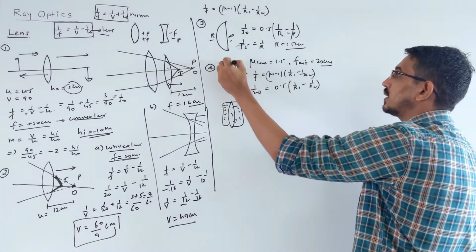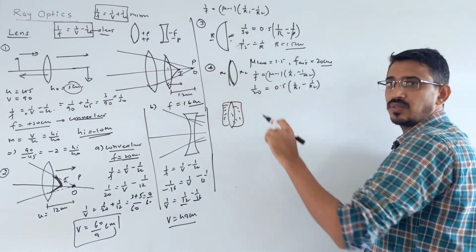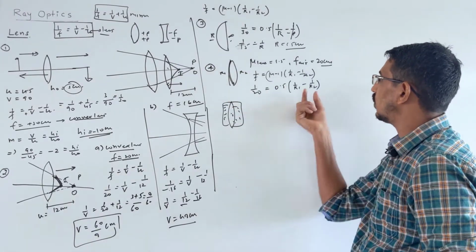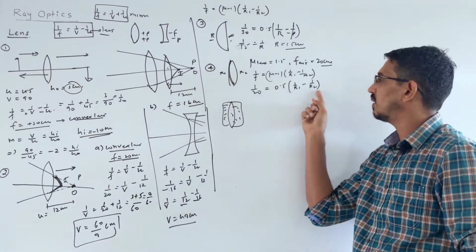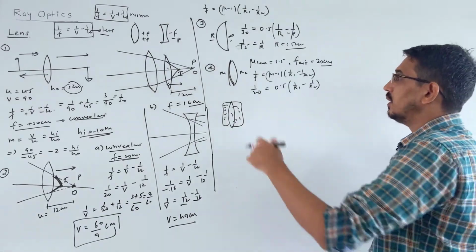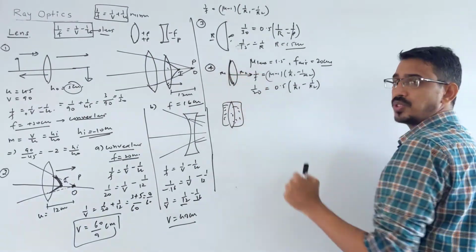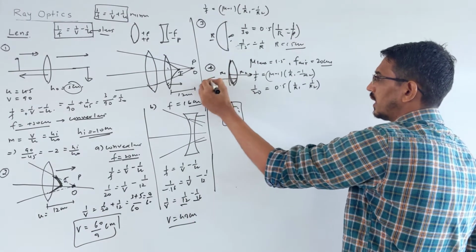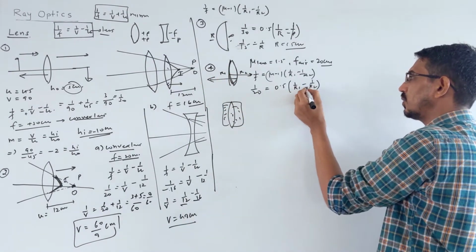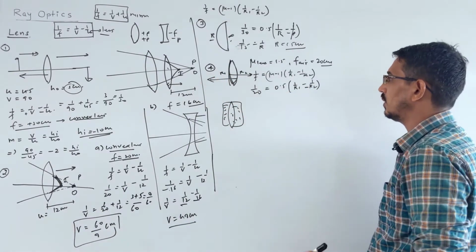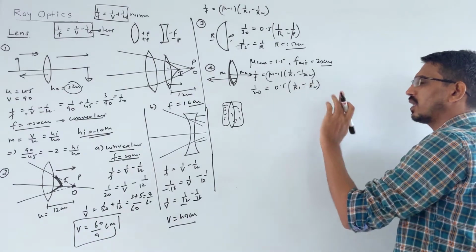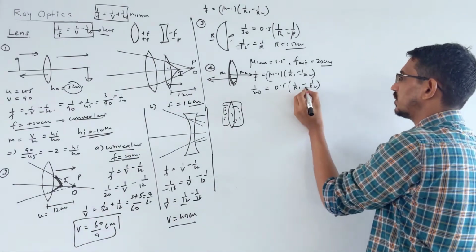For a convex lens, both terms will be added, so this term will become positive always. With sign convention, you have to put negative here so both terms become positive, or you can keep it without sign convention, your choice, but in real you have to put it.